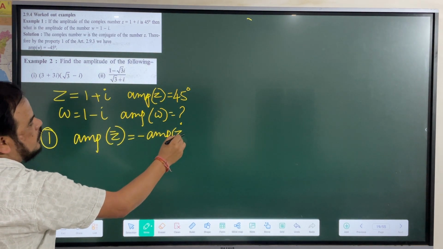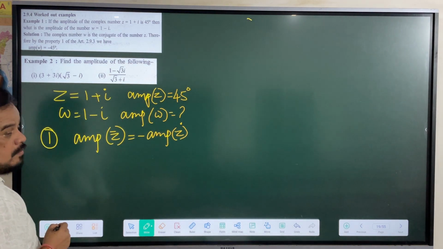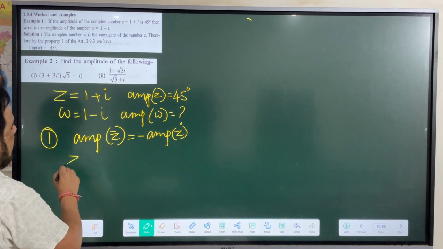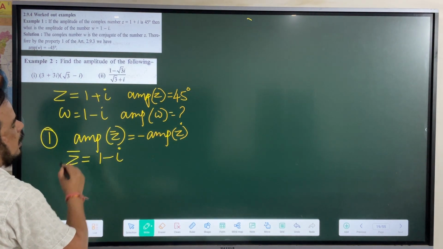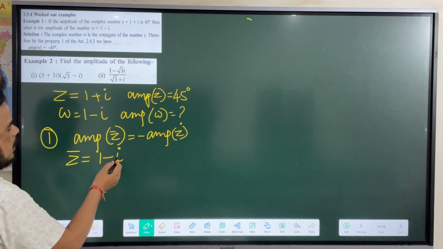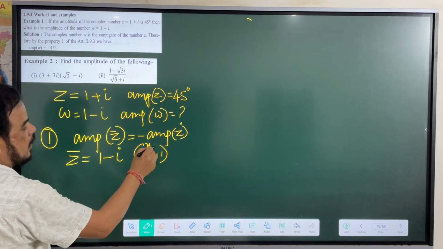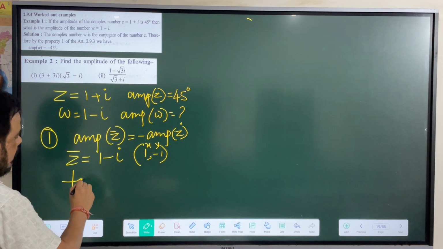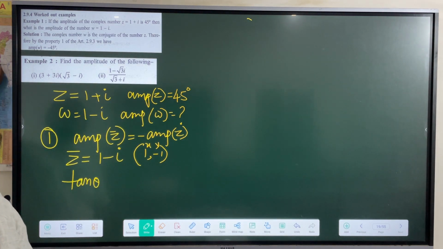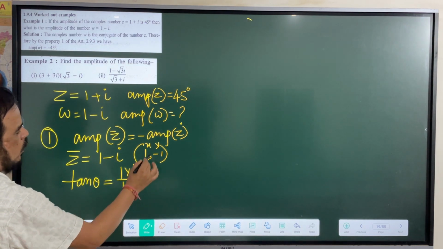the amplitude of Z bar is equal to minus the amplitude of Z. So let us find out the amplitude of Z bar. What is Z bar? 1 minus i is Z bar. Z is 1 plus i. So we will find out now. This is 1 comma minus 1, this is X, this is Y. Tan theta is equal to mode of Y by mode of X. What is Y?